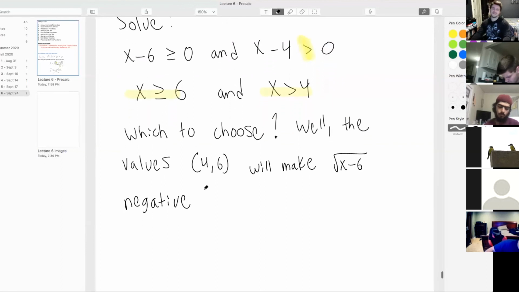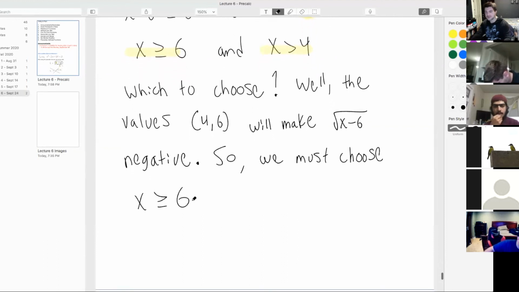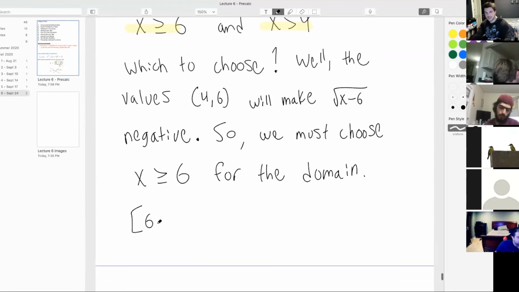I hope everyone sees that. If I plug in a number from this interval, 4, 6, that will make the square root negative. So we must choose x is greater than or equal to 6 for the domain. In interval notation, that's bracket 6, infinity.